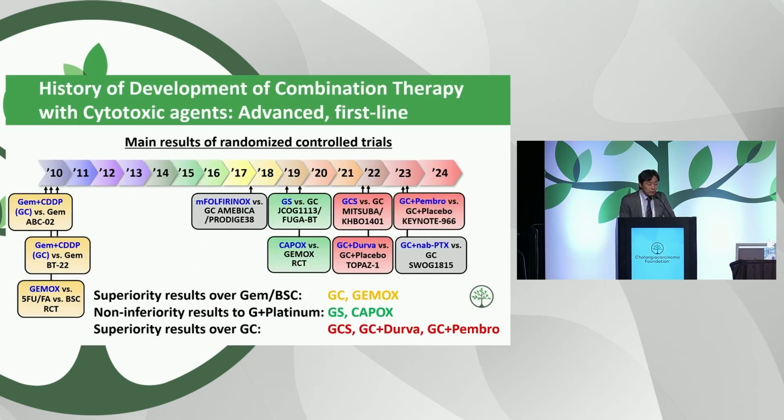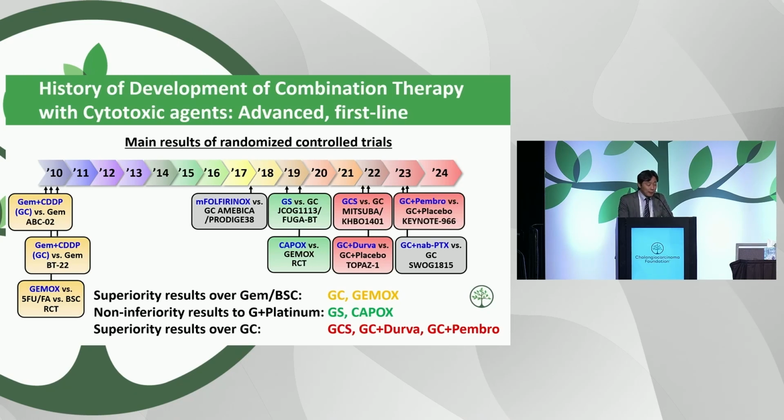This is a history of the development of combination therapy with cytotoxic agent for advanced first-line biliary tract cancer. In 2010, gemcitabine plus cisplatin and gemcitabine plus oxaliplatin, the gemcitabine plus platinum doublet, demonstrated a superior result over gemcitabine alone or best supportive care.